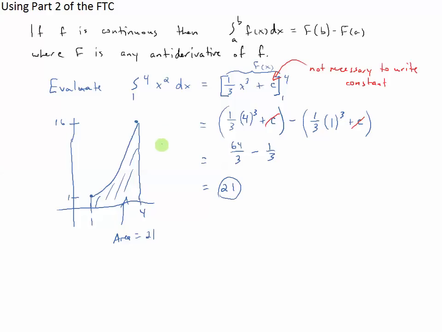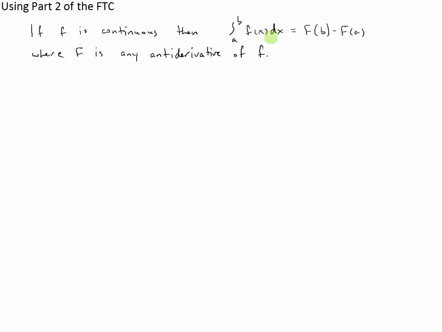Here's an example where we can't use the second part of the fundamental theorem of calculus. If I want to evaluate the integral from 2 to 7 of the square root of x minus 5 with respect to x, I can't do that because this function is not continuous on the interval 2 to 7, right?